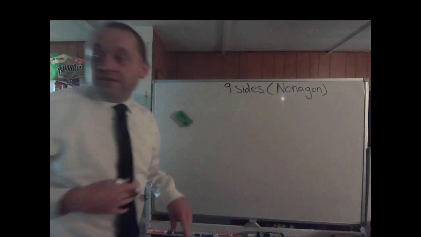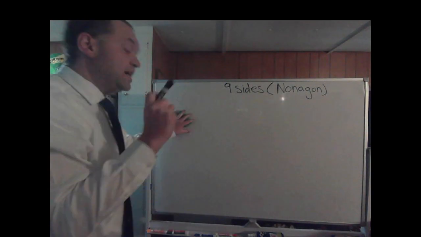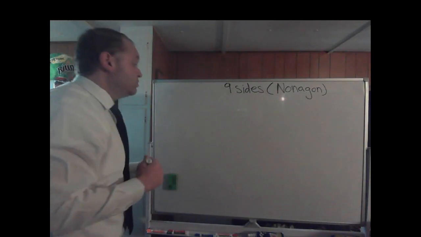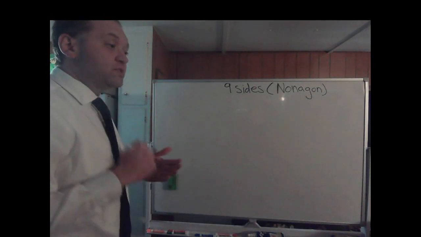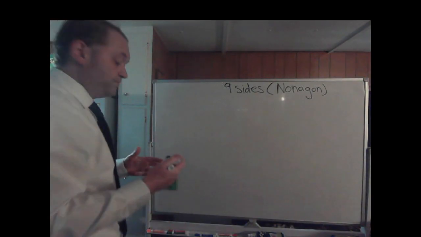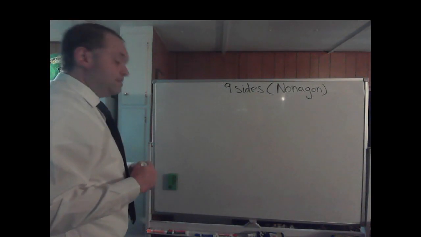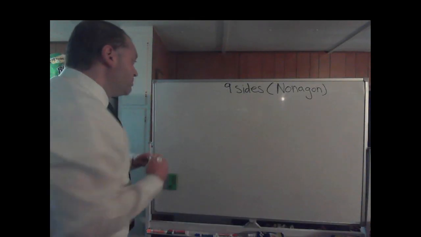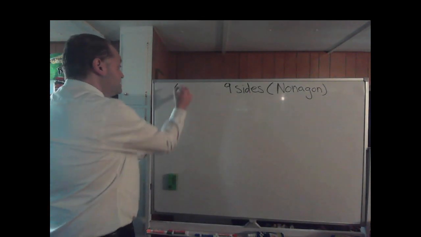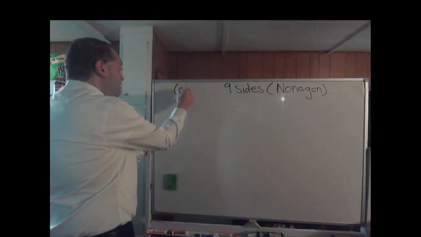What we need to figure out is the measure of each exterior angle and the measure of each interior angle. I think it's going to be best if we first start out with each interior angle. So remember this formula here for finding the sum of the interior angles of a polygon.